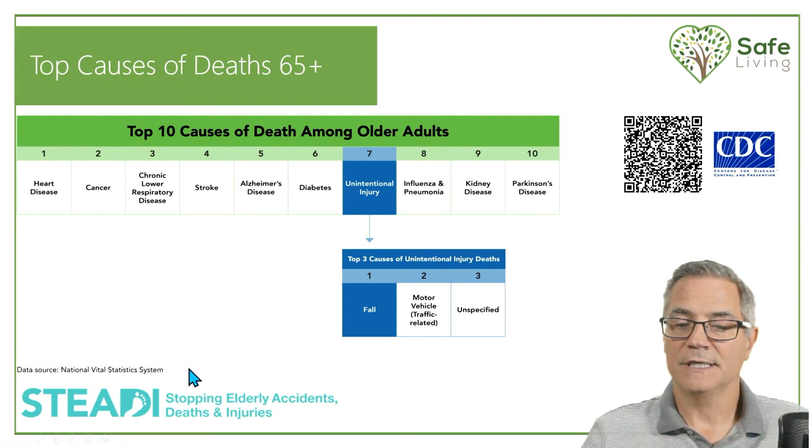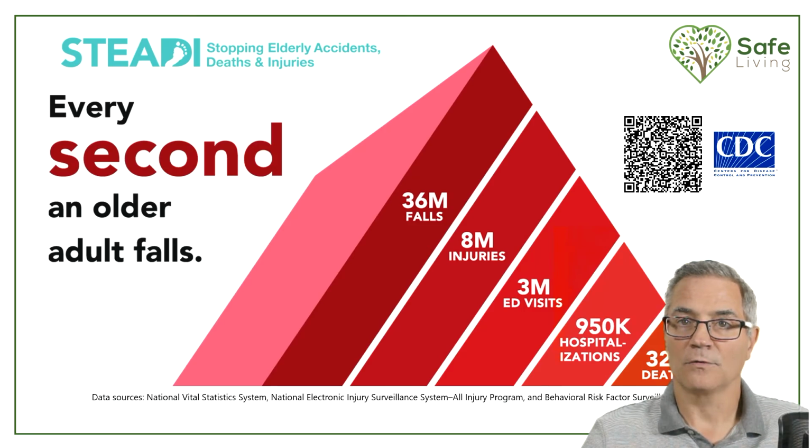And this is also information that I got from STEADY, which is Stopping Elderly Accidents, Deaths, and Injuries. So there's a whole program on how to do fall prevention. But now we're starting to talk about fall statistics and what we can do to really help prevent and educate people to minimize fall risk.